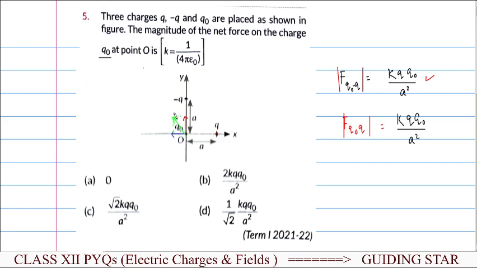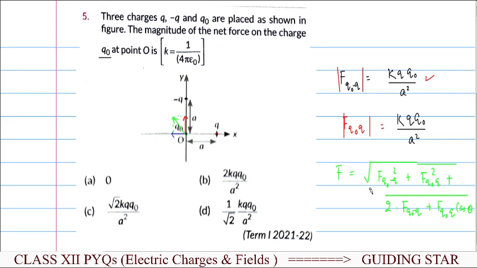As individually these two forces are perpendicular to each other, the resultant will be F equal to under root, F due to minus q square plus F due to plus q square plus 2 into F due to minus q into F due to plus q cos theta. So the whole root of this one.